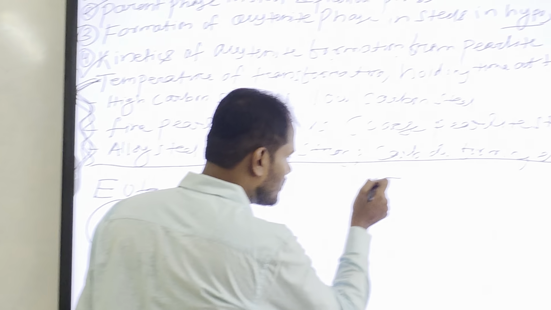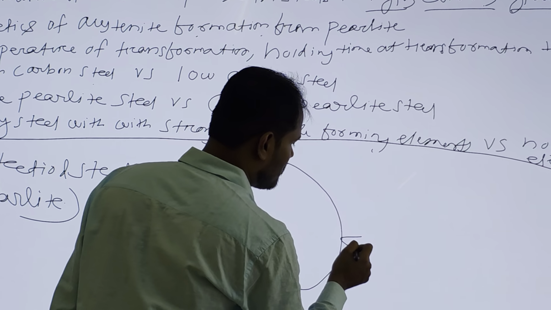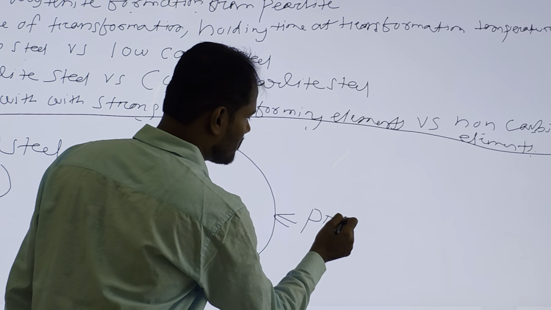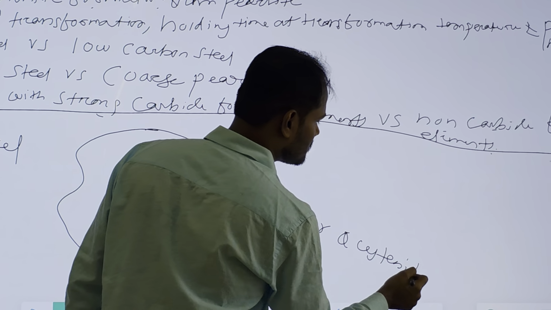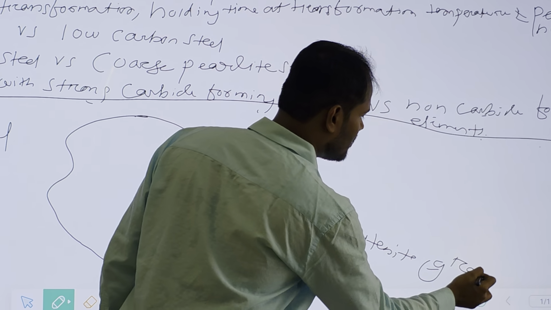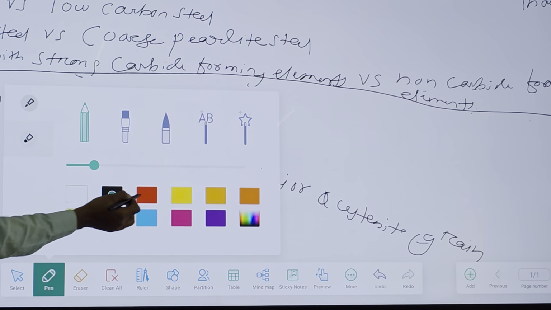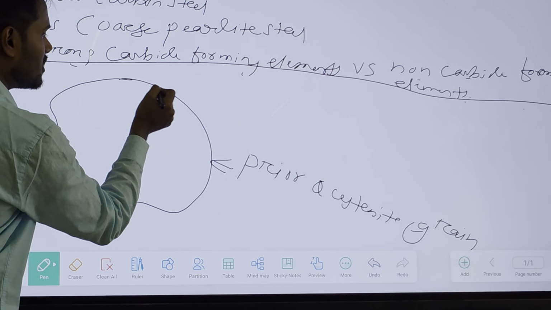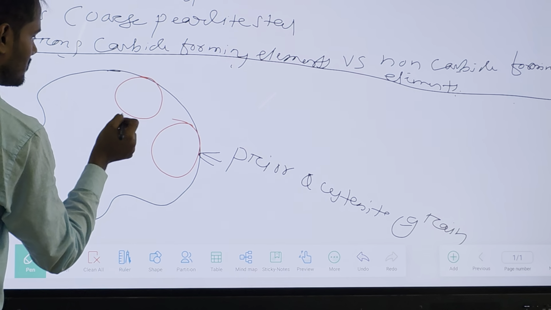Suppose this is one of the maybe prior austenitic grain. So prior austenitic grain will be what exactly? So nucleation will start from here, right?